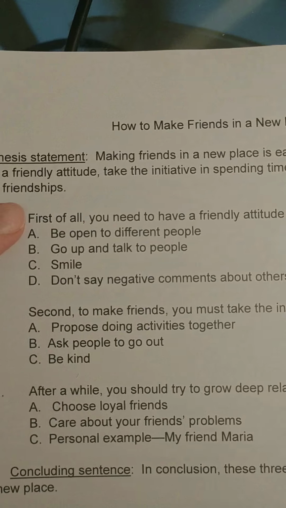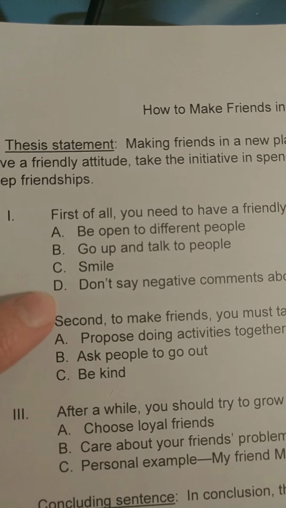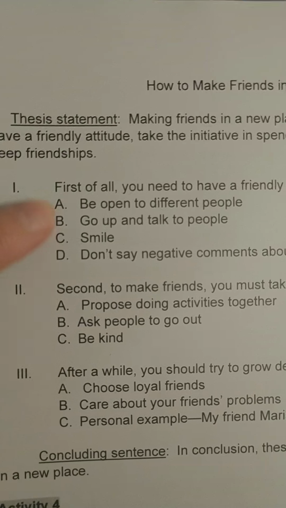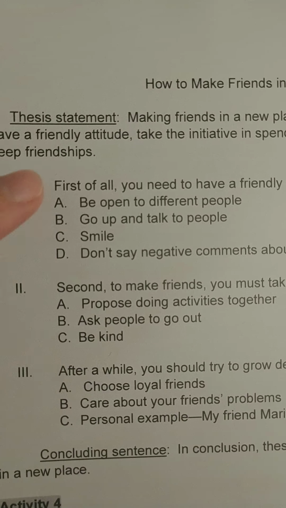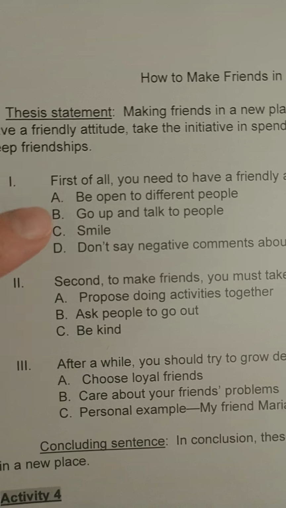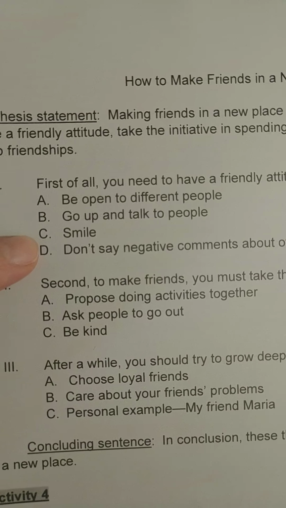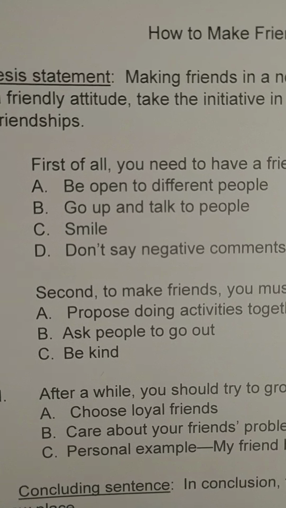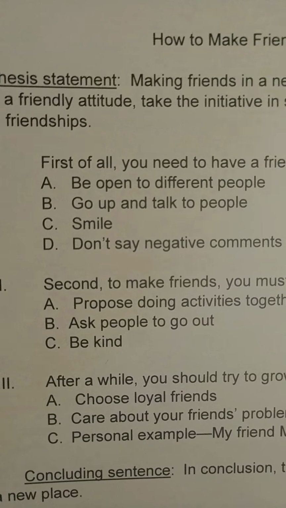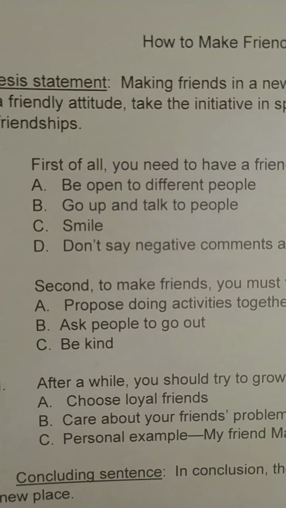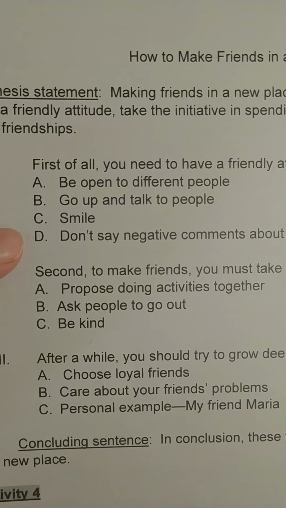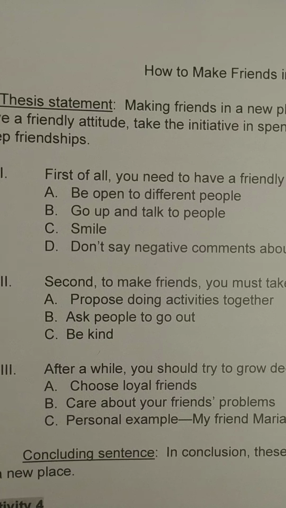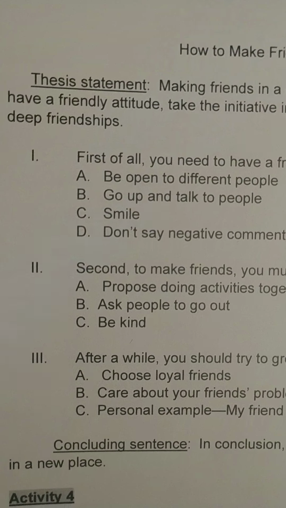The next points, the supporting details here, or the stories that you might have to support your topic sentence, you don't have to do full sentences. As you can see, I wrote smile. That is not a full sentence. Be open to different people, not really a full sentence. You would want to develop that idea more when you're writing the essay.